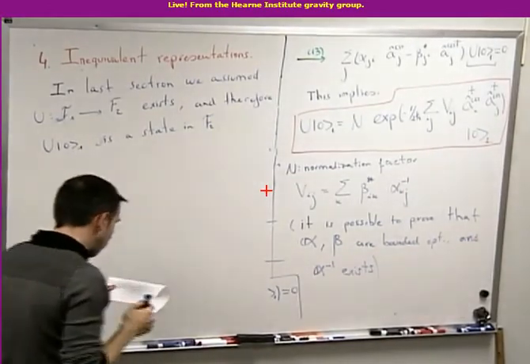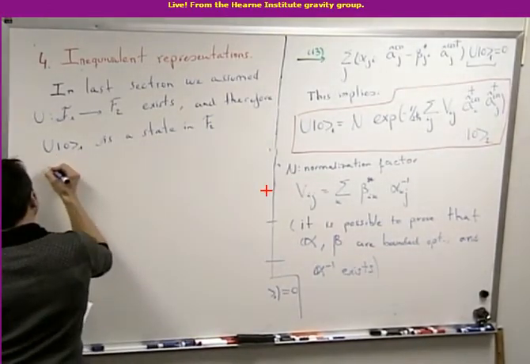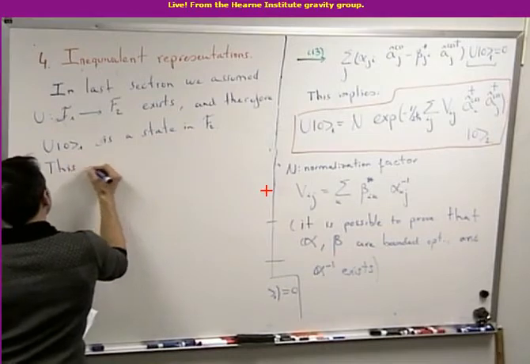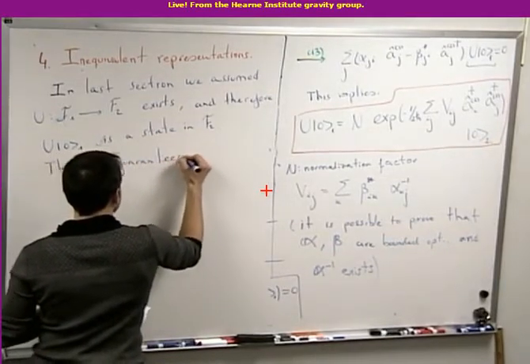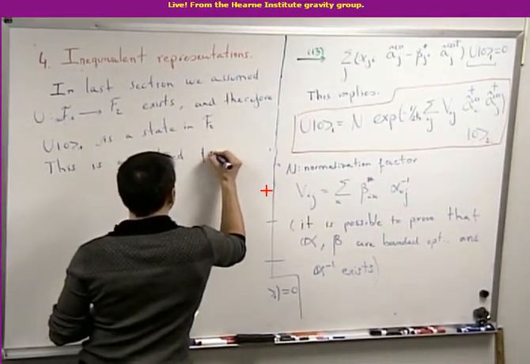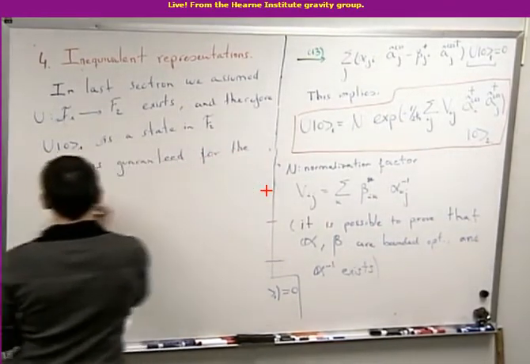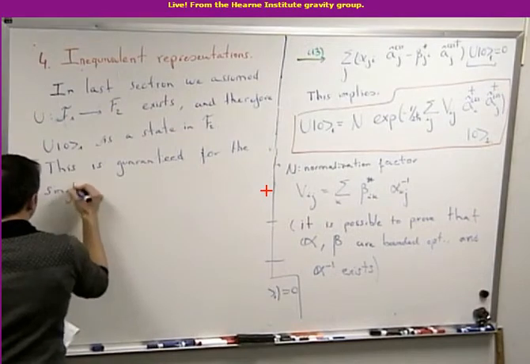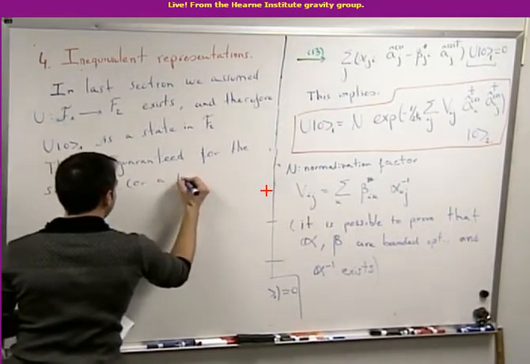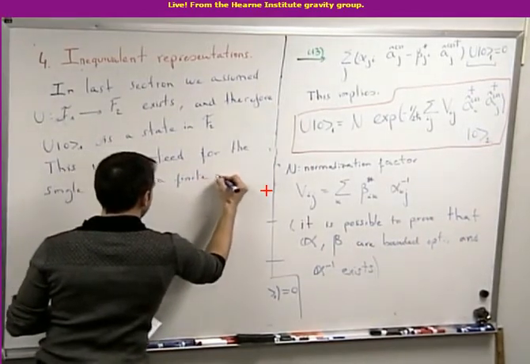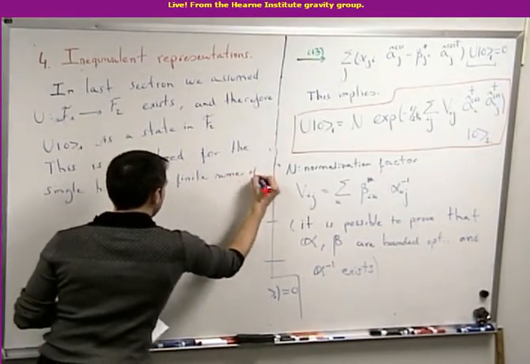But that is not guaranteed. So the question is, is this warranted? It is warranted for the harmonic oscillator, for a single harmonic oscillator or a finite number of them.